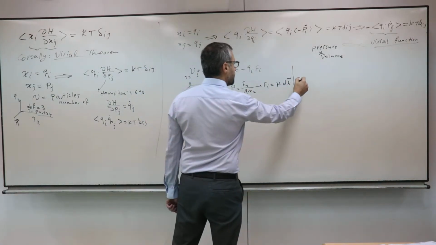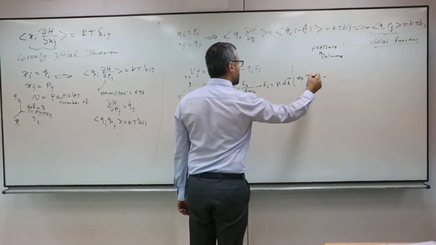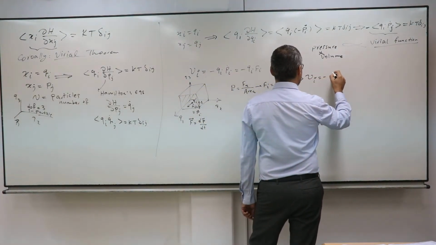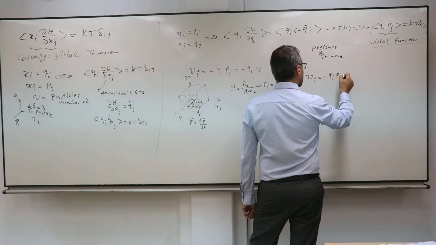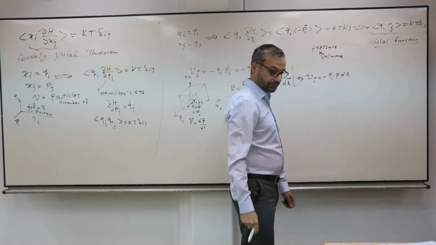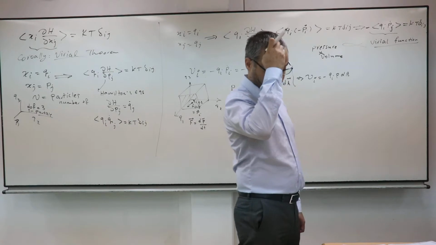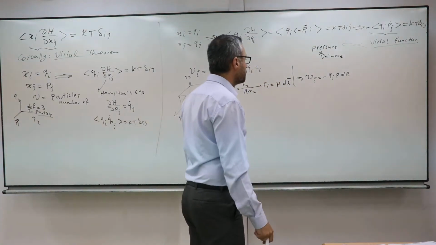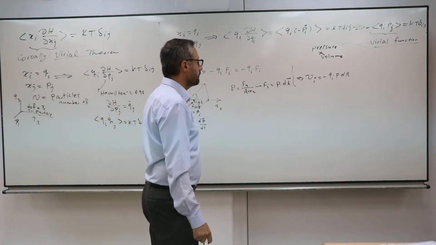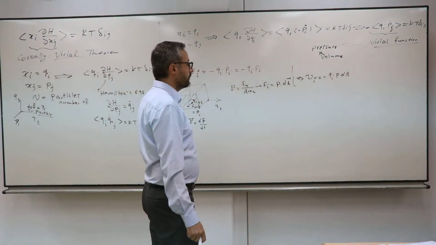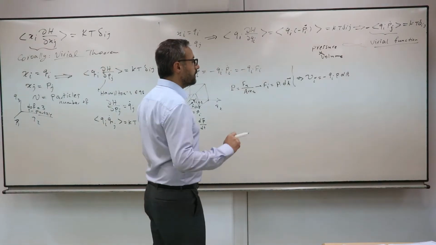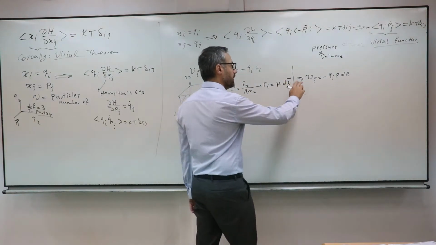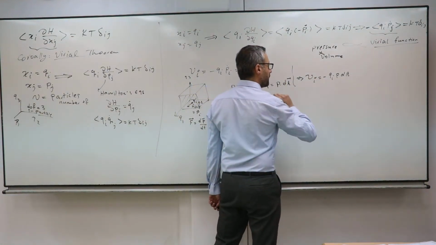As a result, for one particle it will be minus qi P dA. For each particle you can write this equation. Actually this equation should be written in the differential form, but you will understand that this is just for one particle.